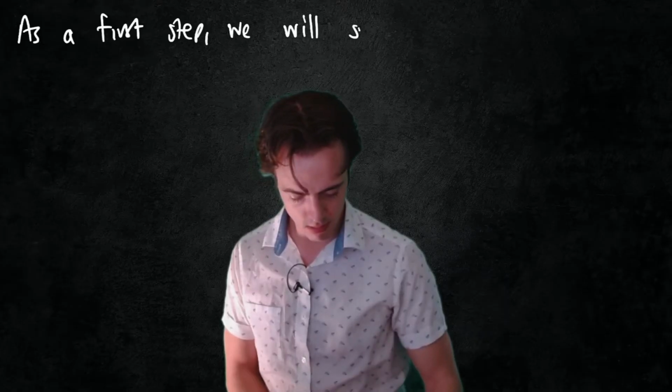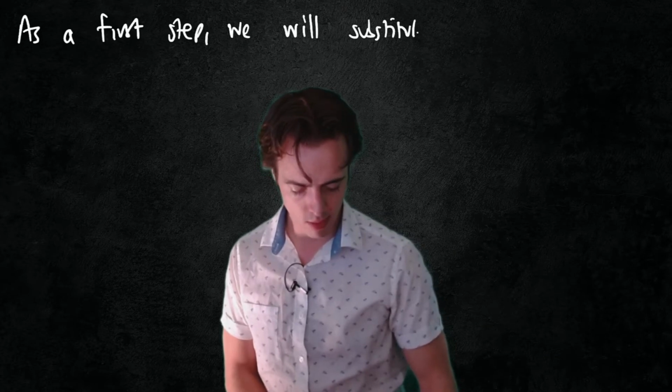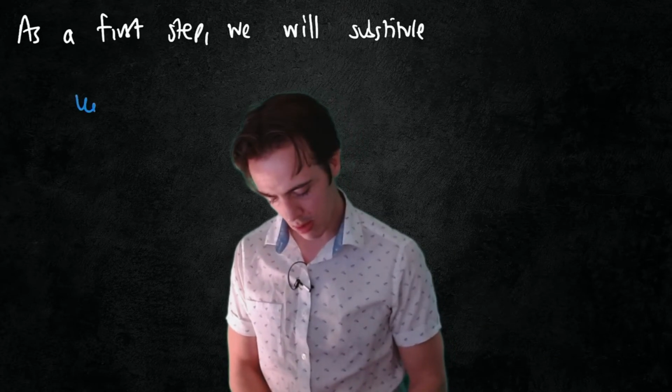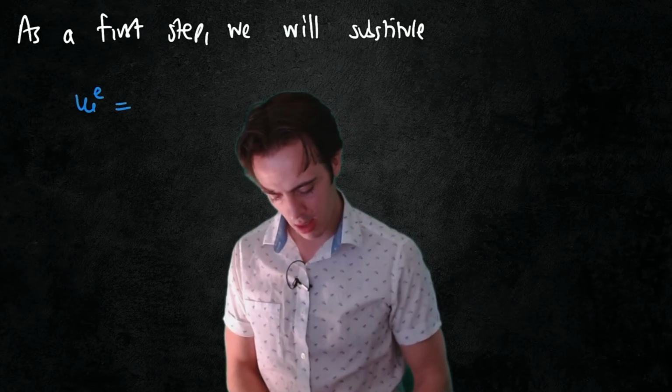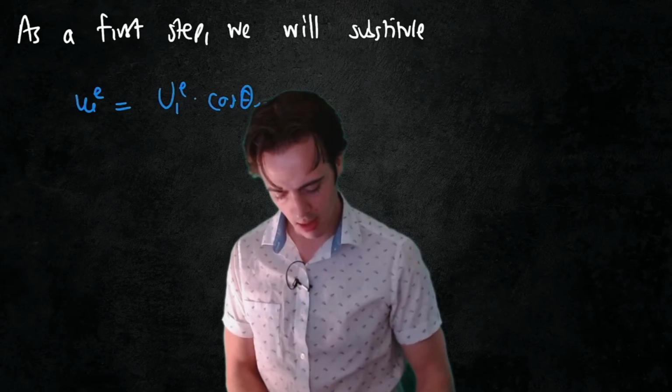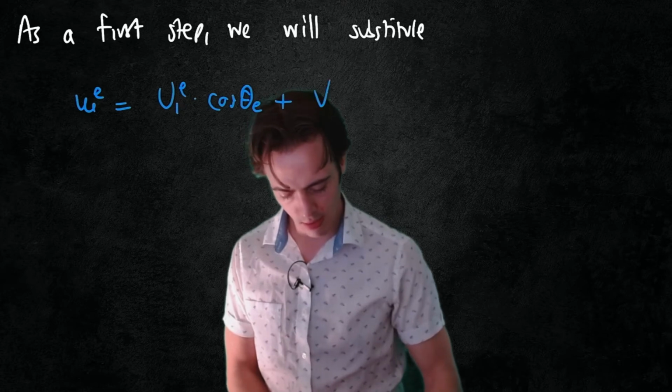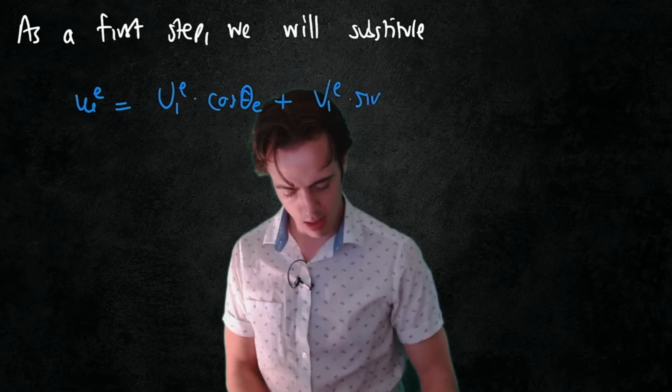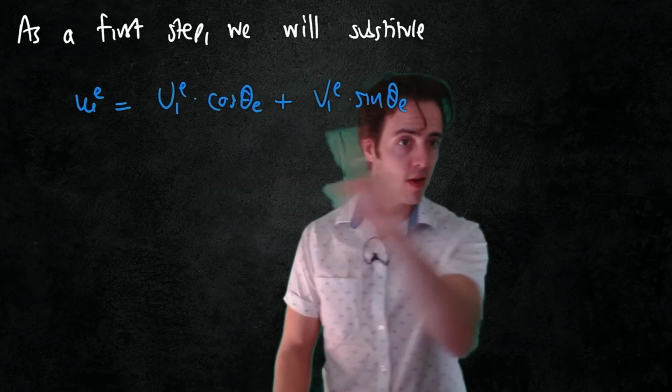So as a first step, we're going to substitute u1e is equal to U1e cosine theta e plus V1e sine theta e. Now this is just the transformation that we've already done.